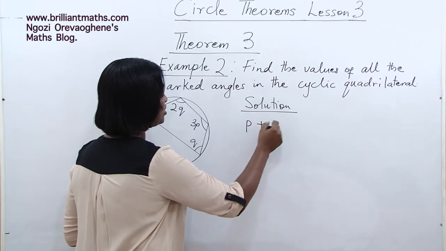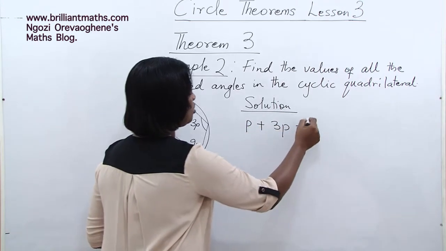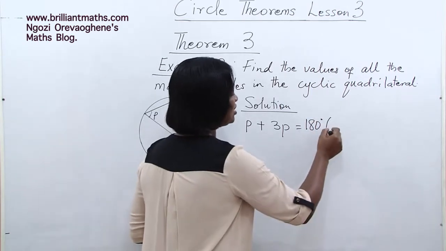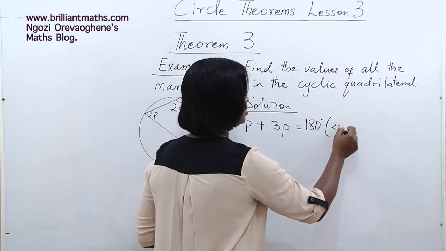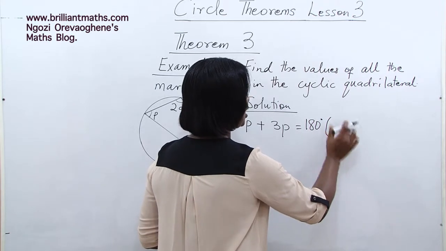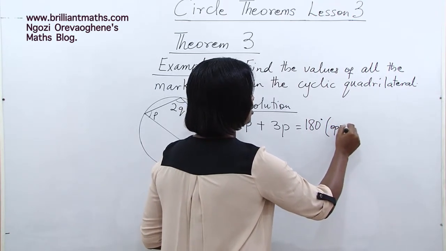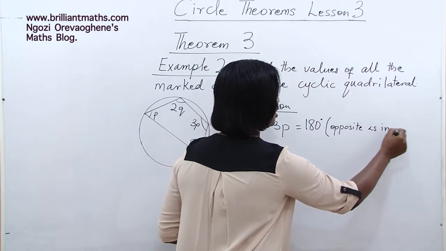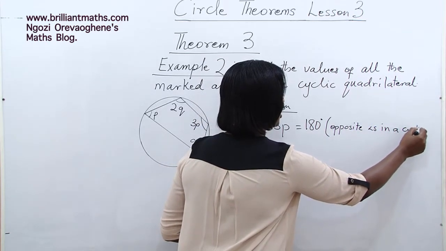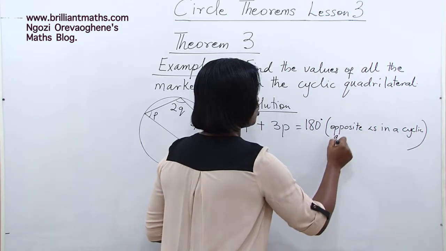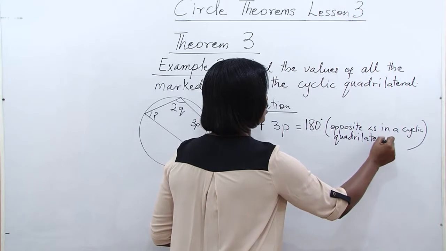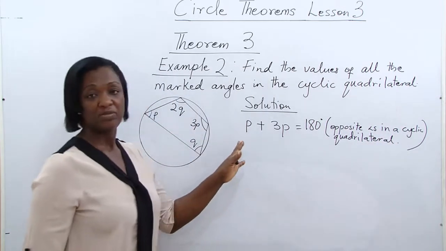P plus 3P is equal to 180 degrees. The reason is opposite angles in a cyclic quadrilateral. So very good.